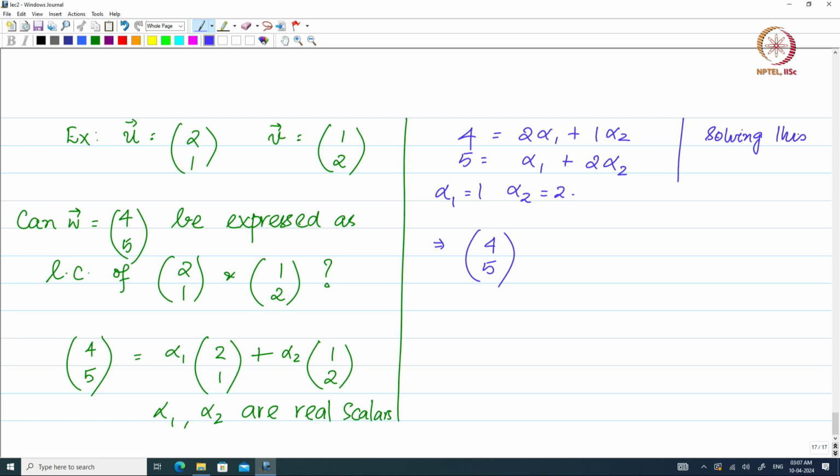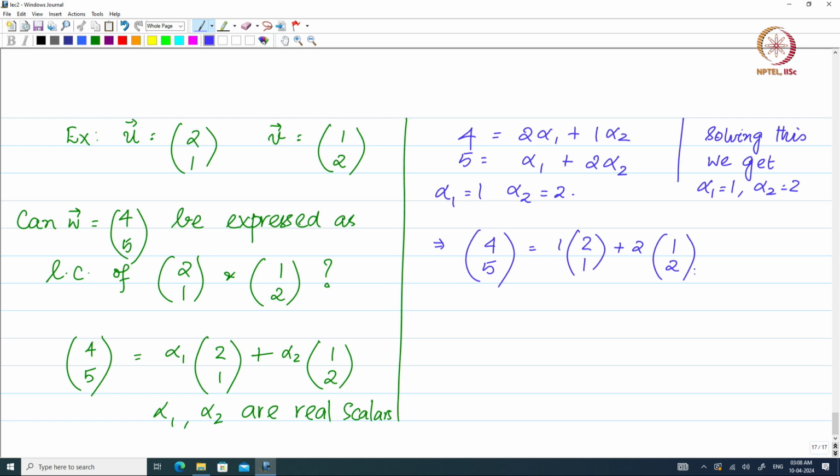Solving this, we get alpha 1 is equal to 1 and alpha 2 is equal to 2. So, we get 4 5, which is nothing but 1 times 2 1 plus 2 times 1 2.